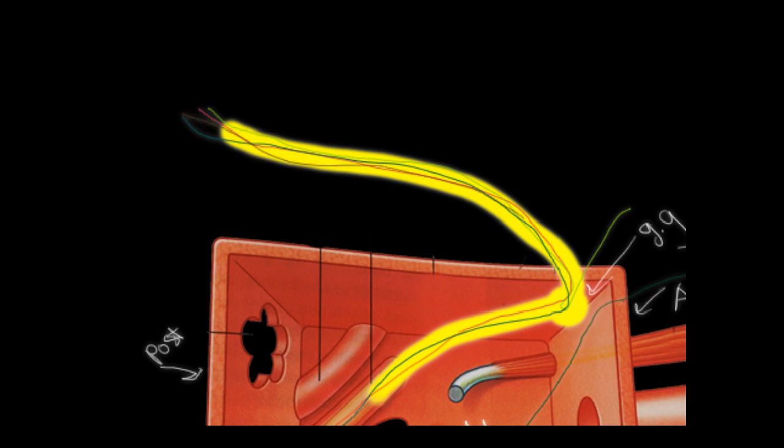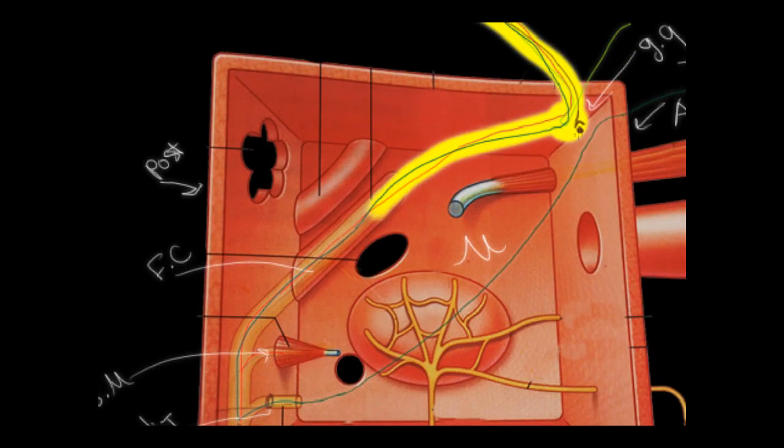Entering there. Okay. Now it's synapsing in the geniculate ganglion. Tractus solitarius is the sensory part. Synapse in the geniculate ganglion. Okay? Once it synapses from the geniculate ganglion, it continues its journey.